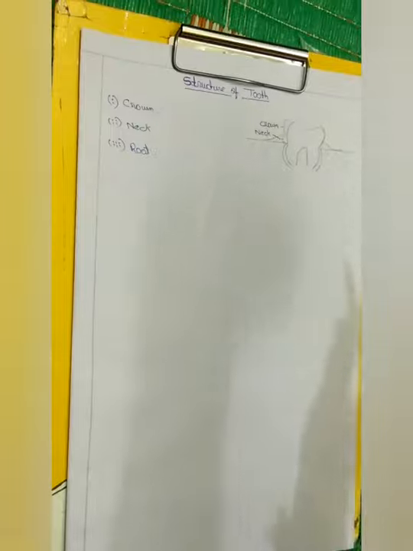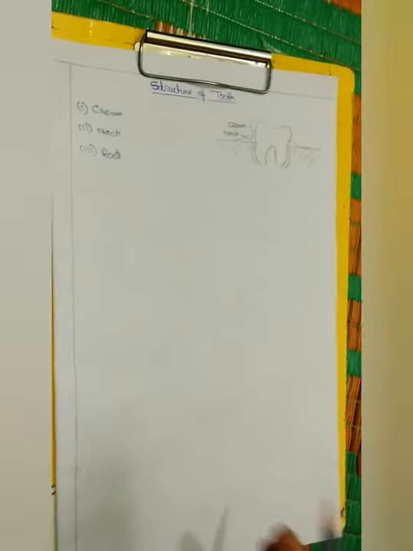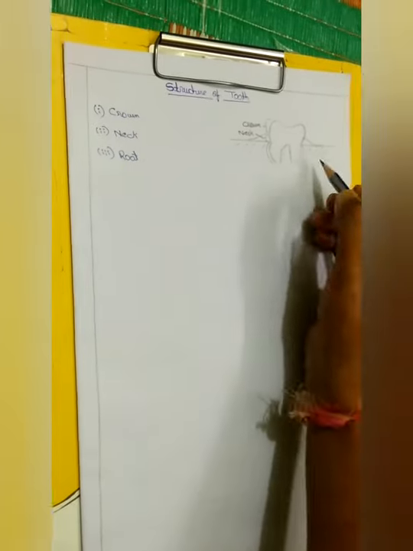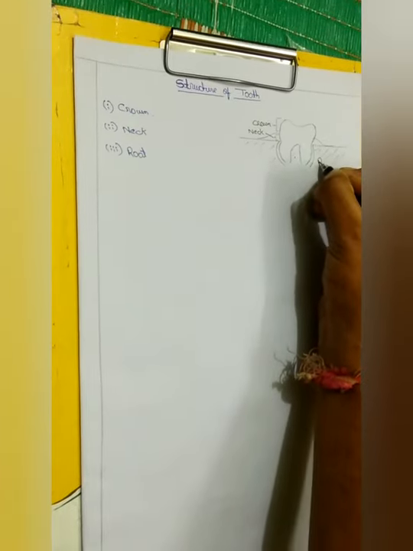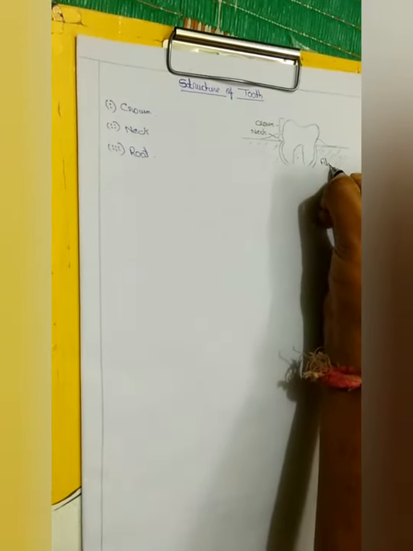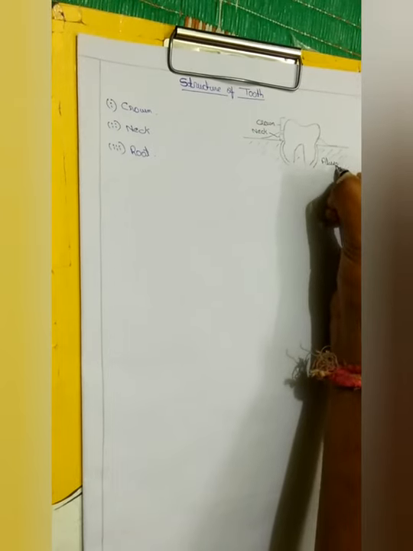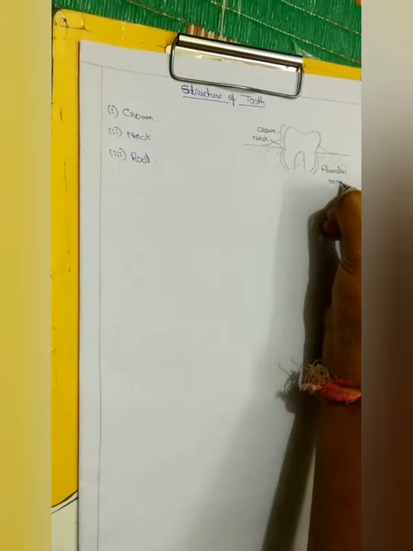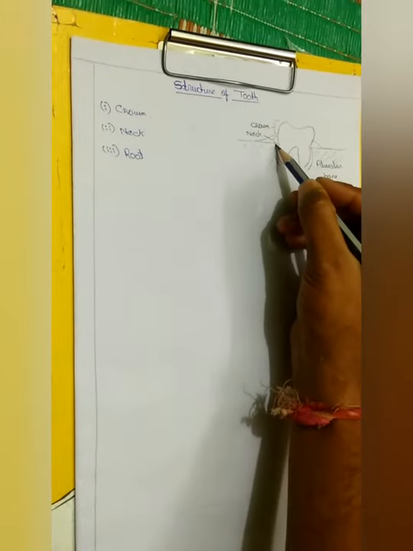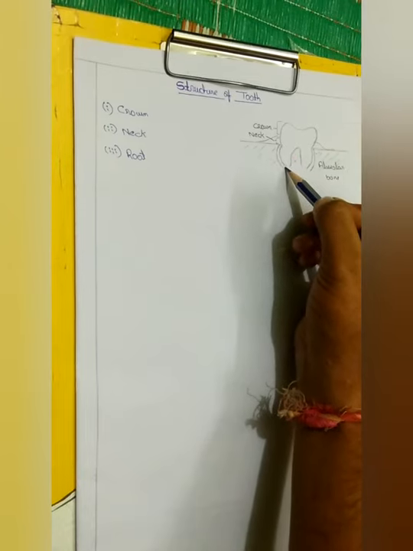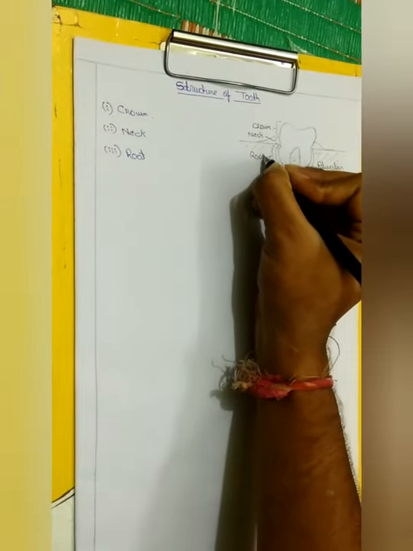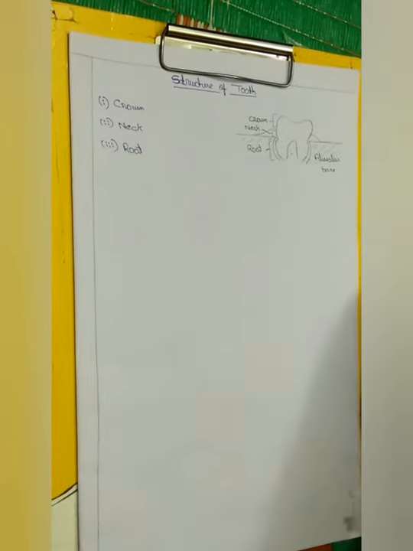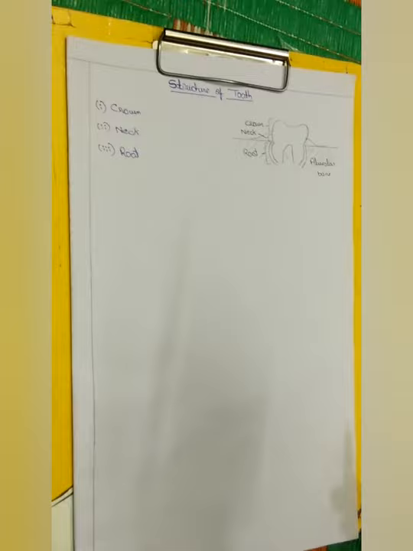The portion which is embedded in the alveolar bone, from this to this portion, is called the root of the tooth.